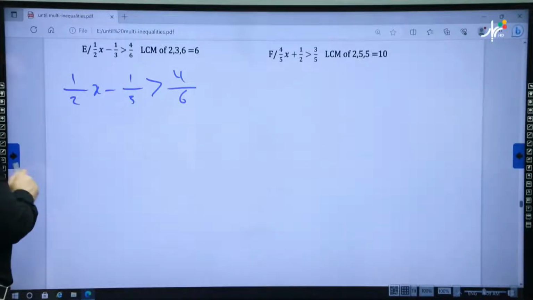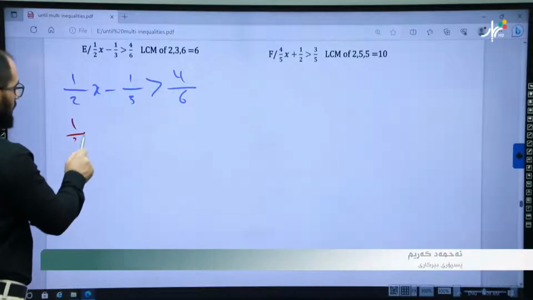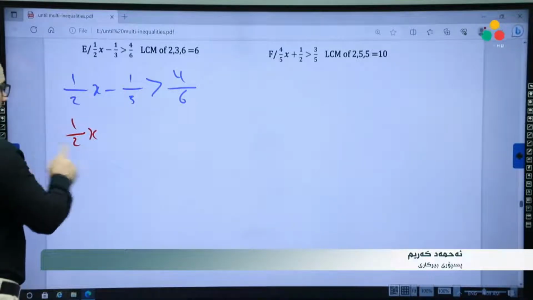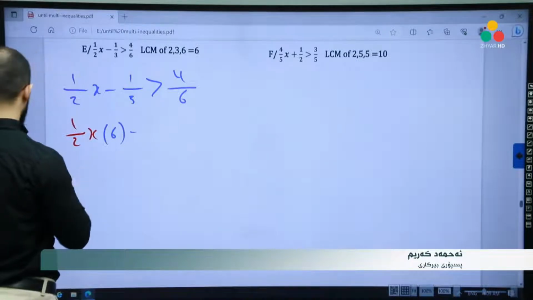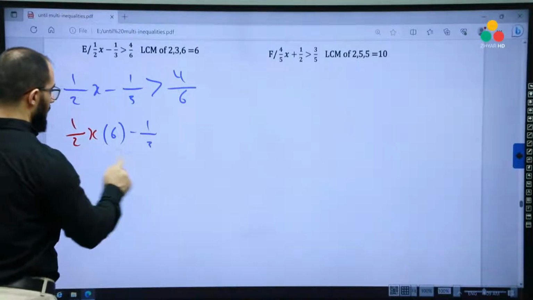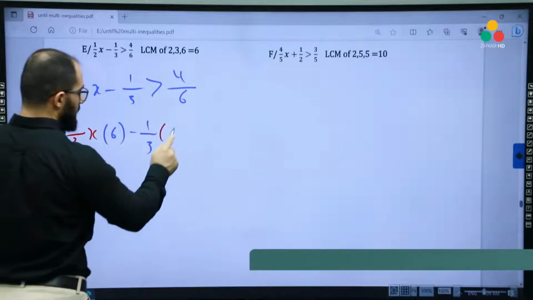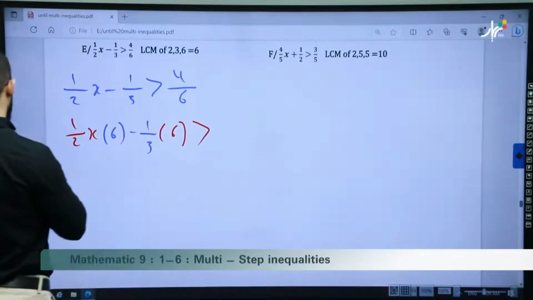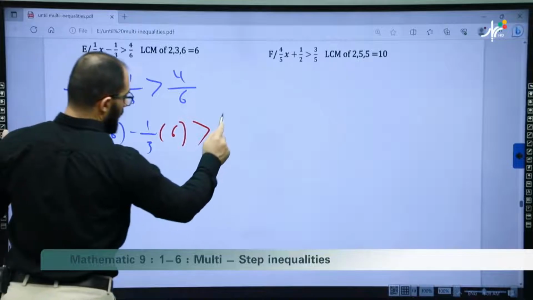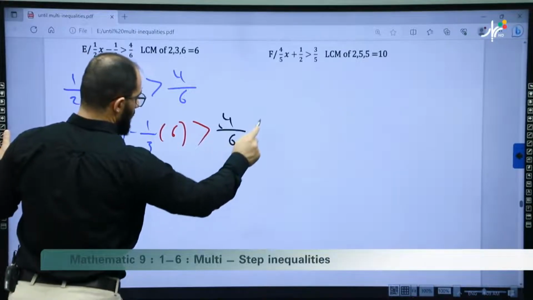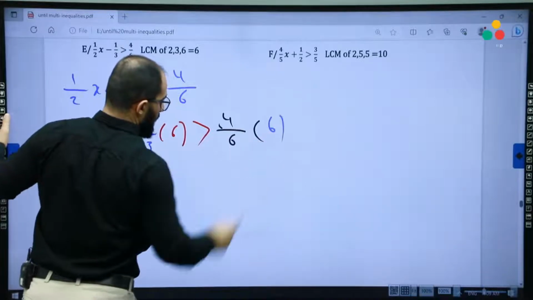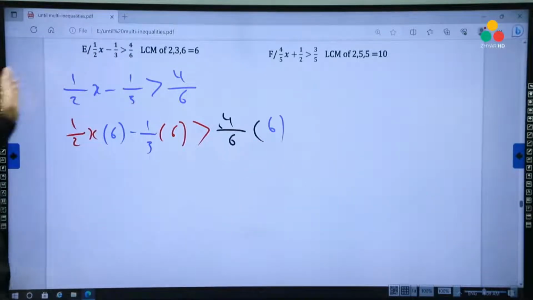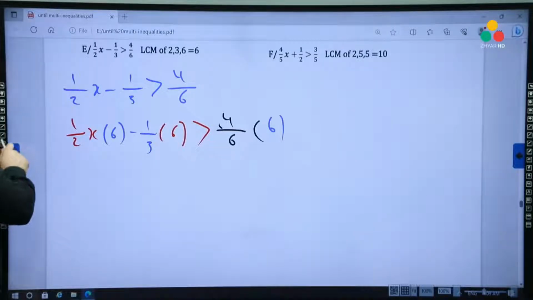So it's going to be 1 over 2x multiplied by 6 minus 1 over 3 multiplied by 6 greater than 4 over 6 multiplied by 6. Okay, we multiply the whole inequality by 6. Then let's simplify them.